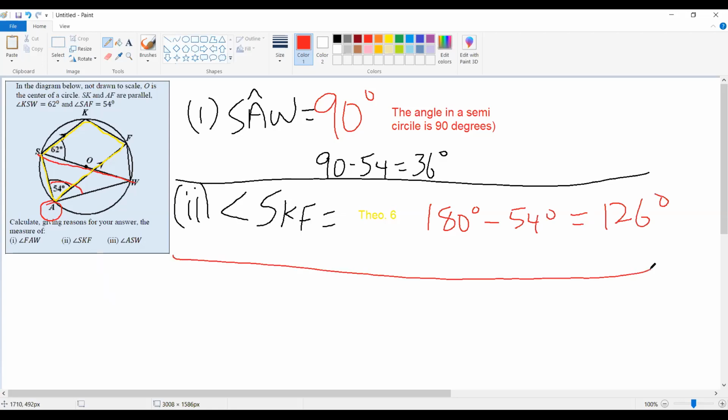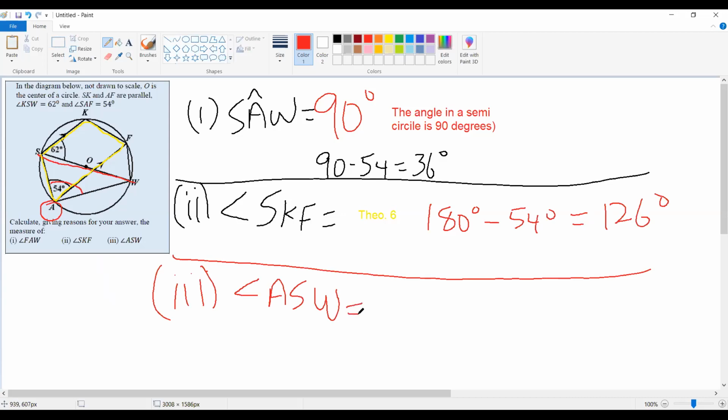Third question, third part now. We are asked to calculate angle ASW.